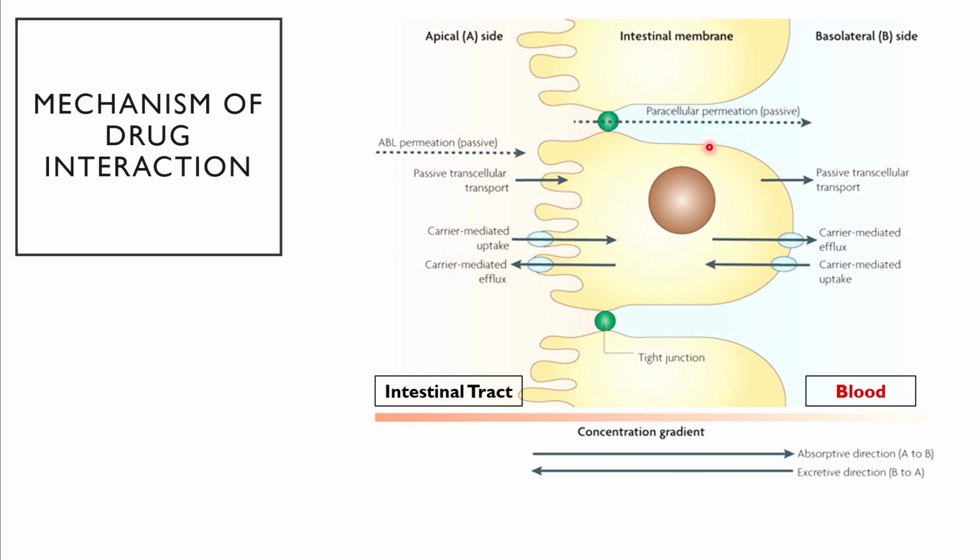P-glycoprotein is indeed an efflux transporter, and it has its specific function and role in mitigating or facilitating transporter diffusion across different membranes. So looking at the intestinal membrane, there is an apical side, which faces the intestinal tract or the lumen, and the basolateral side, which faces the blood.